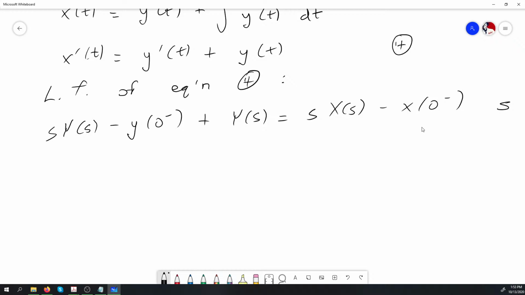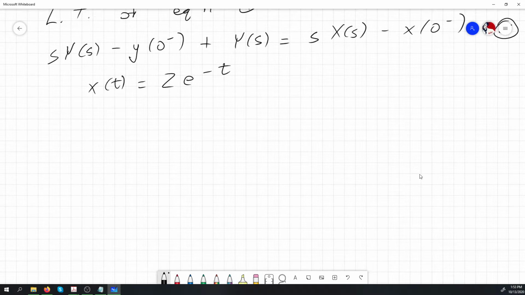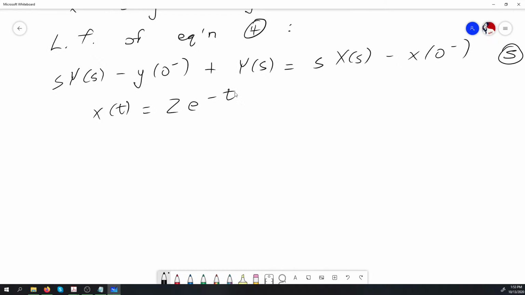Let's call this equation 5 here. We also know that x of t is equal to 2e to the minus t.